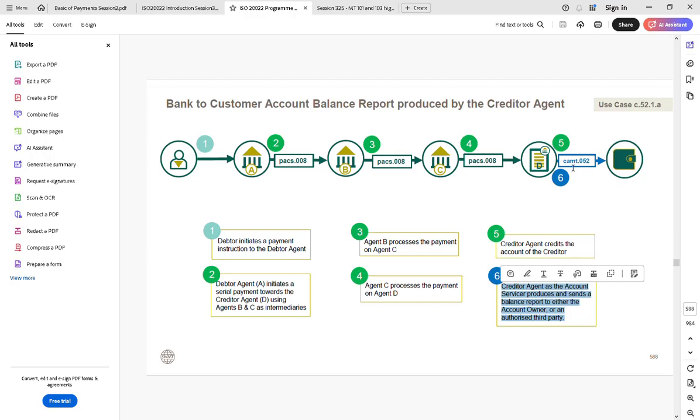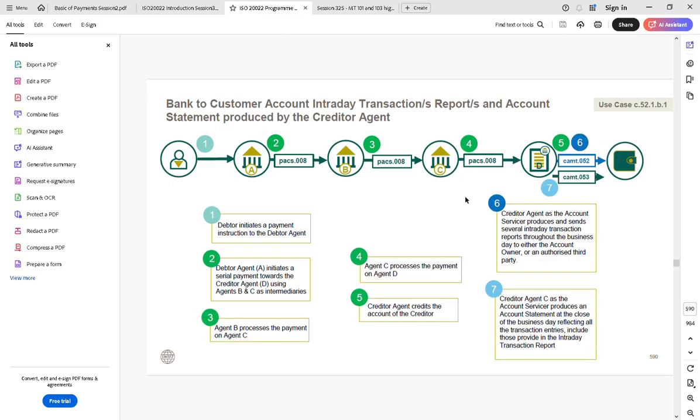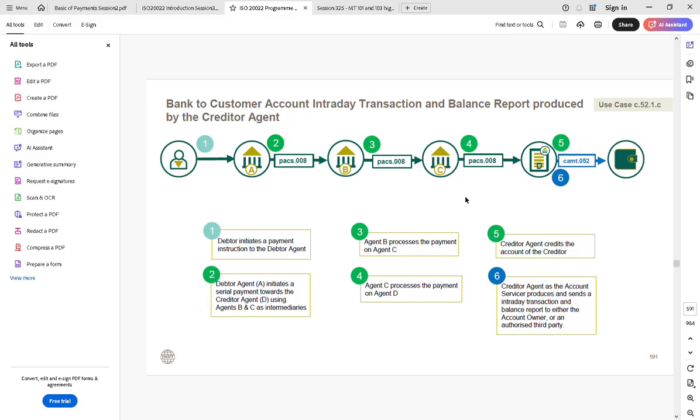Okay, so it is sending this report to the account owner or third party. That's simple. At the end, number six. Okay, so this is one of the use cases. There are so many use cases, but we will refer to only one for understanding.